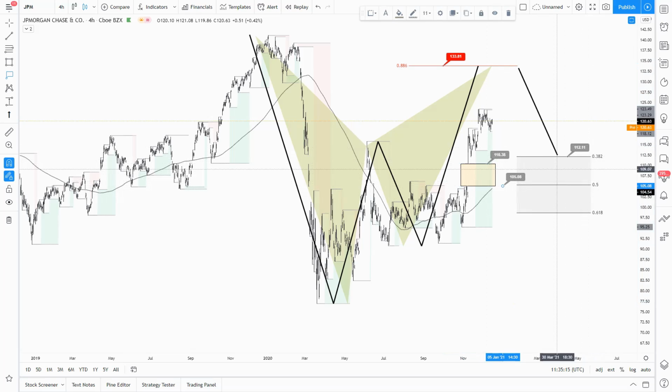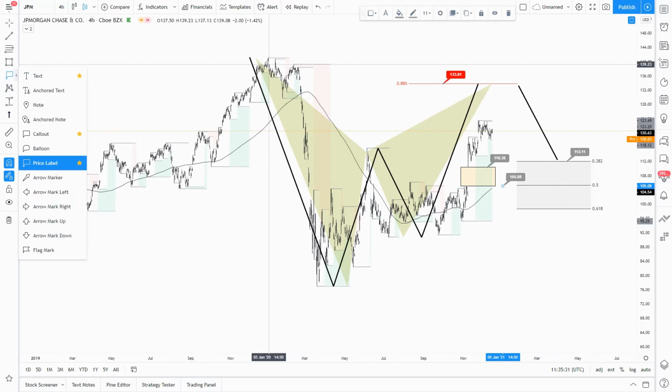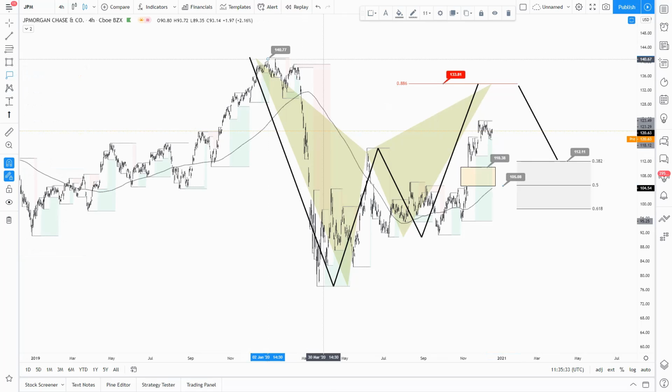So basically we have the default targets for that bearish bat pattern, also suggesting the fill of that gap printed below for JP Morgan, obviously trading above the previous structure highs, not that one, let me correct this one, the previous higher highs.